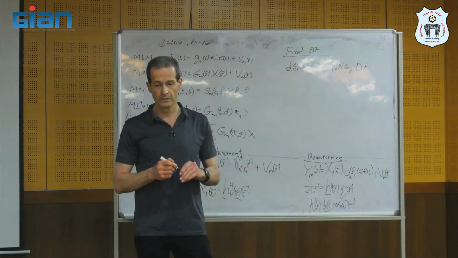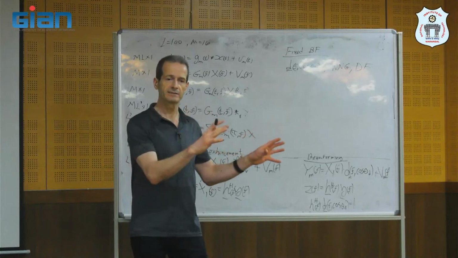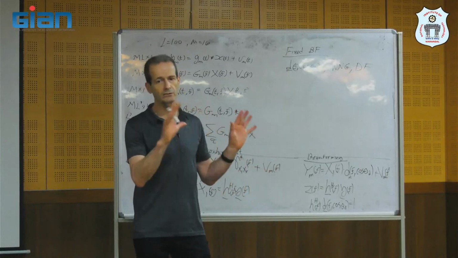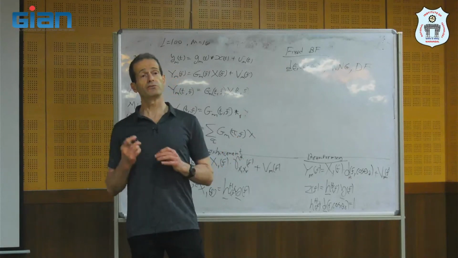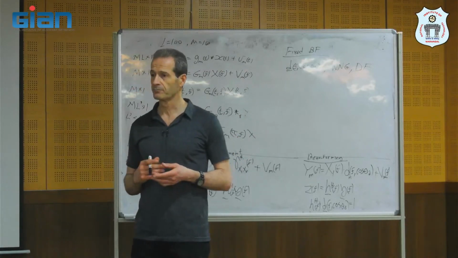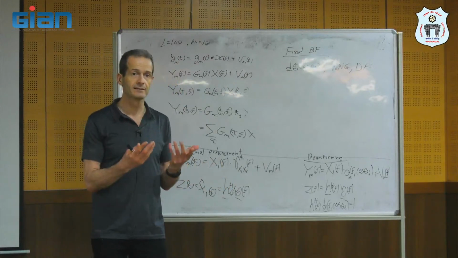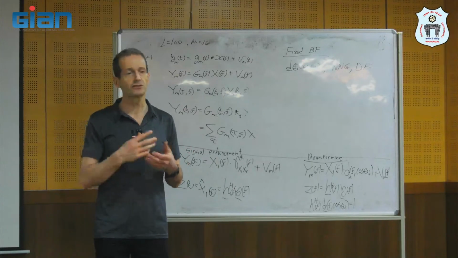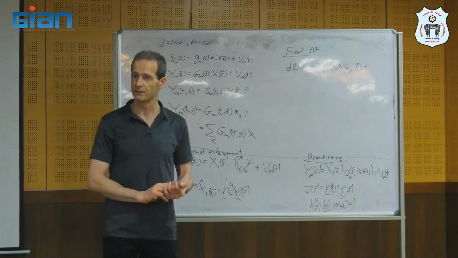I don't know what will happen in a practical environment because I design it offline, outside the environment. So fixed beamforming, the advantage is that it will perform equally for different environments because you don't make assumptions about the environment. It doesn't adapt to the environment.